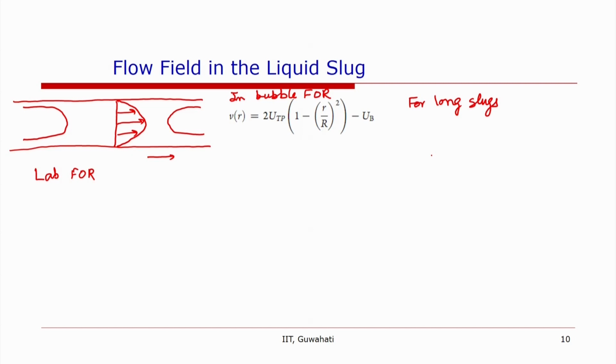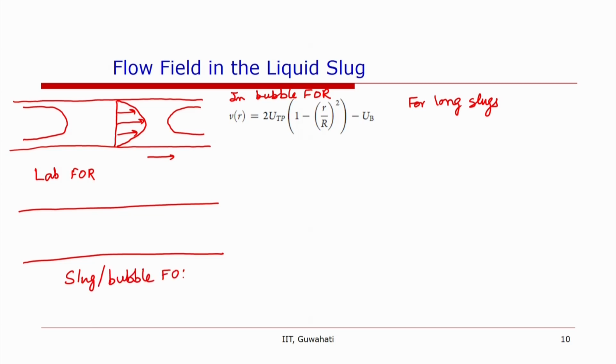So the velocity profile in the slug in the laboratory frame of reference will look like this, but if we plot the velocity profile in slug or bubble frame of reference, then we will see that the profile will look like this.